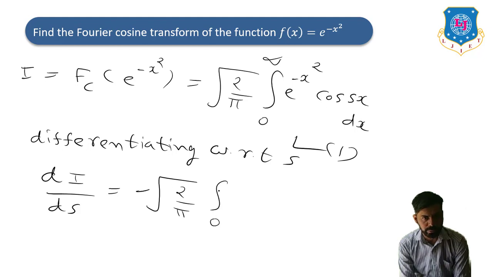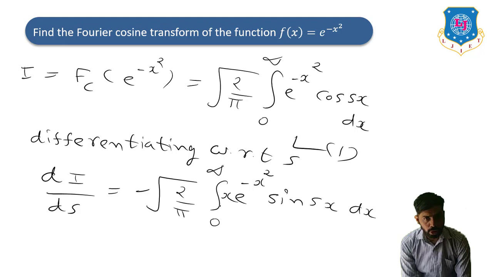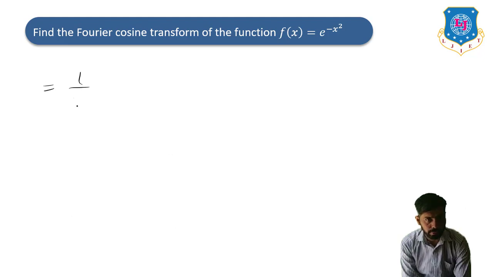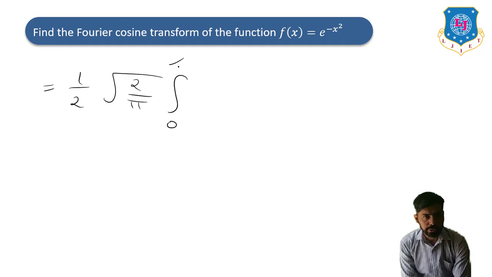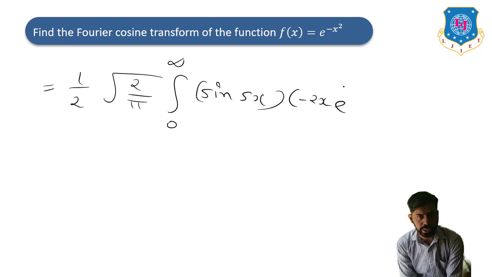This will be integration 0 to infinity e raised to minus x square sin sx into x. So writing x over here. Okay, now multiplying and dividing by 2. So this can be written as 1 upon 2 square root 2 by pi integration 0 to infinity sin sx into minus 2x e raised to minus x square dx.